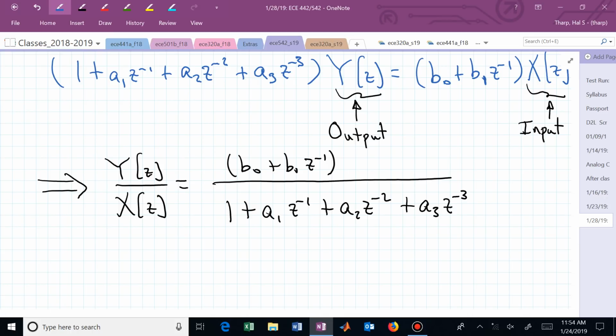prefer these polynomials to be in positive powers of z, so we can find that by multiplying by 1, where 1 is now z cubed over z cubed.